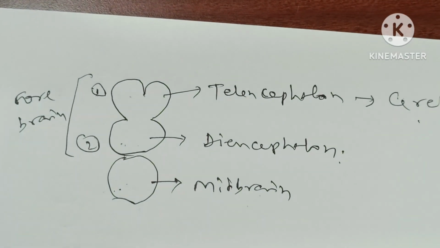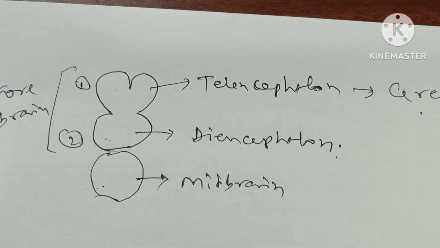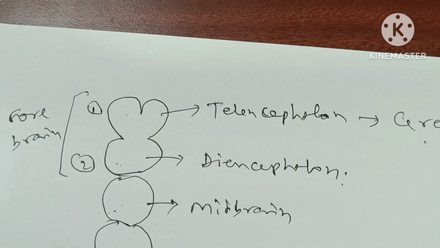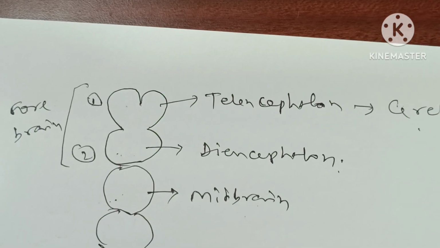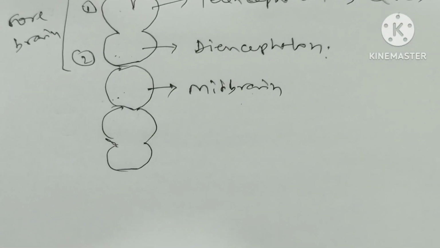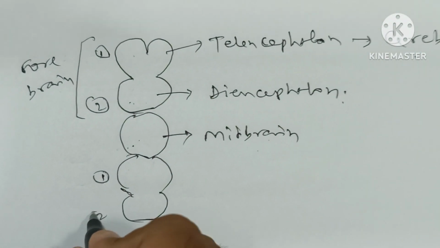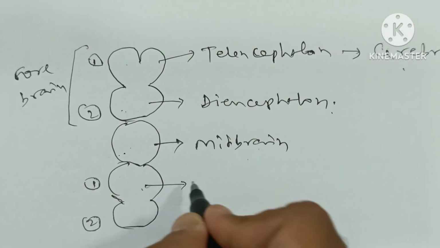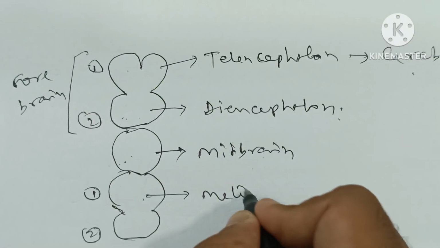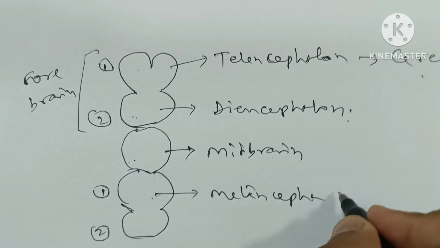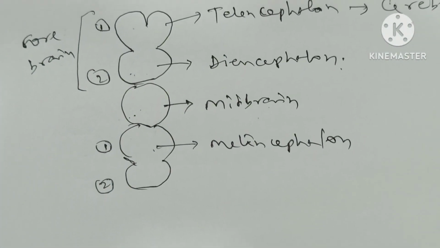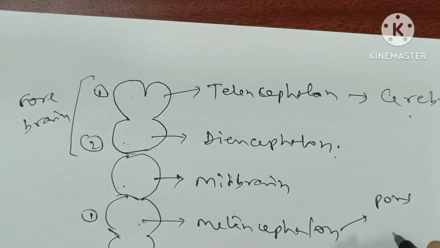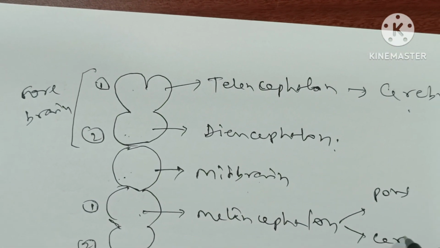Now the third primary brain vesicle, the rhombencephalon, again gets divided into two secondary brain vesicles. The first one is known as the metencephalon. This metencephalon will develop further into the pons and cerebellum.